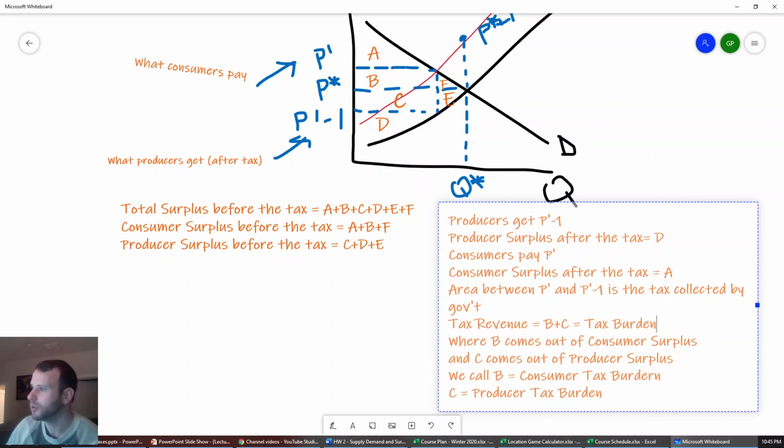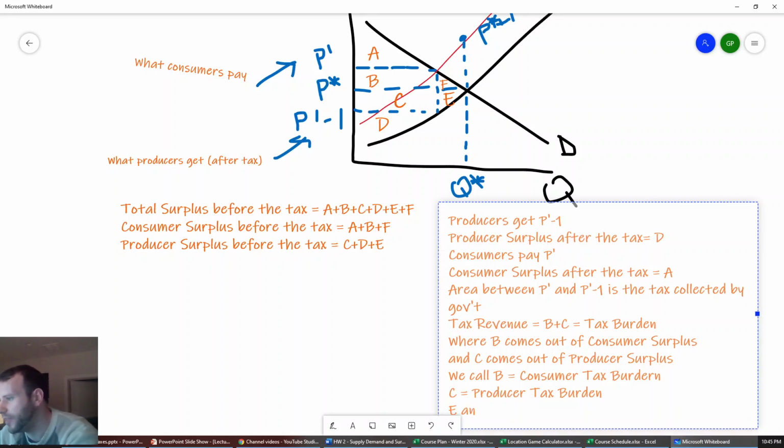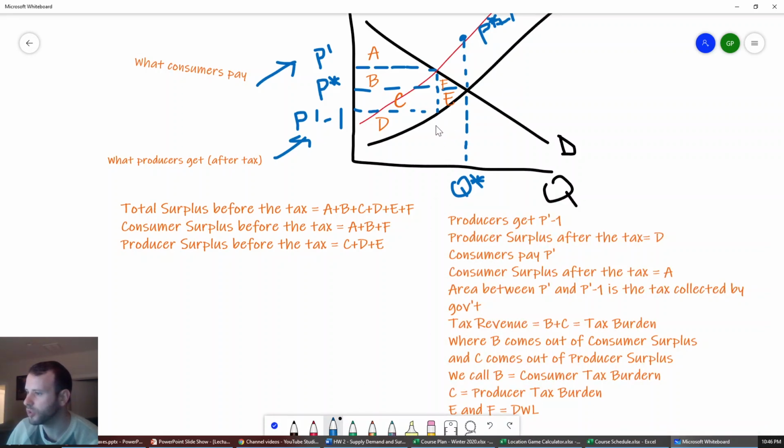And then finally we have E and F, which, just like with price controls, is deadweight loss. E and F is a result of the shift in quantity that happened as a result of the tax. There used to be more people buying the good.